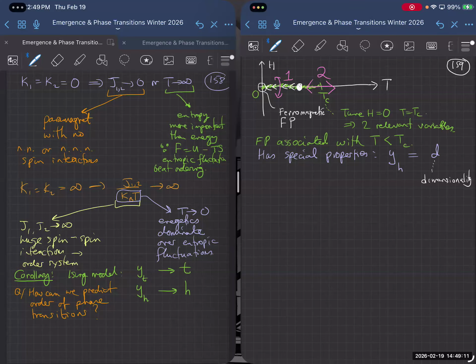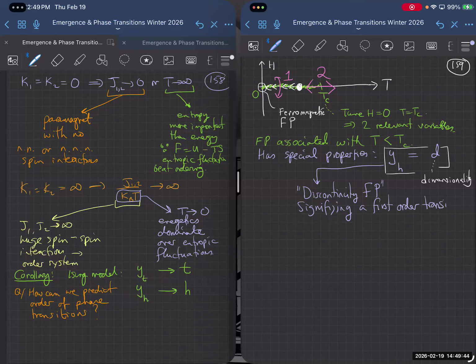And if this condition is true, it can be shown to imply that you have what's called a discontinuity fixed point, which is a signature of a first order transition. Okay, so that is shown in my book, and it's not hard to do the calculation, but I'm not going to do it in class.